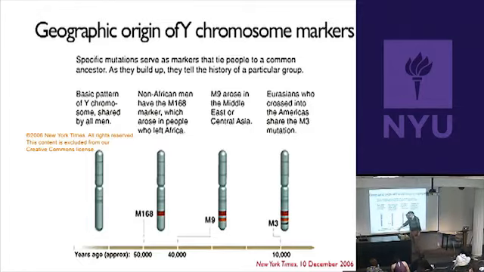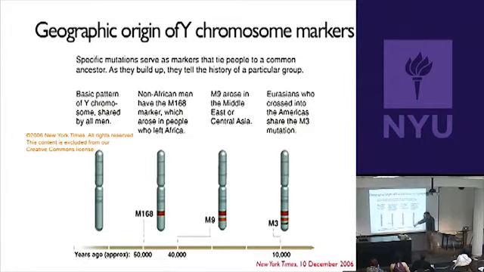Around 40,000 years ago, another mutation called M9 arose in a single man in the Middle East or Central Asia. So you can tell something about a male's ancestry by whether he has both the M9 and M168 mutations or only M168. If it's only M168, you can trace his ancestry to the out-of-Africa migration, but not to the Middle East or Central Asia, whereas if he has both, you can trace it to the Middle East or Central Asia.